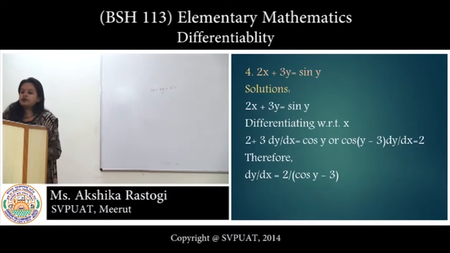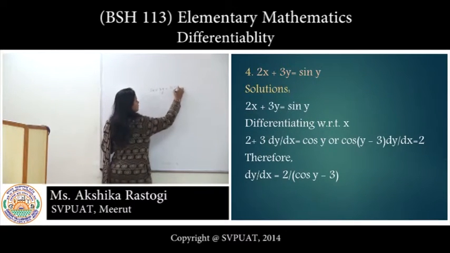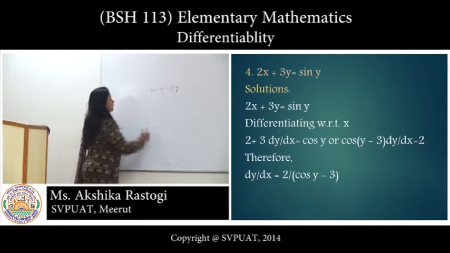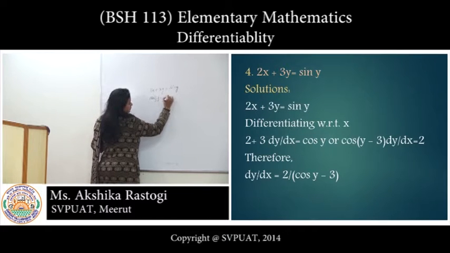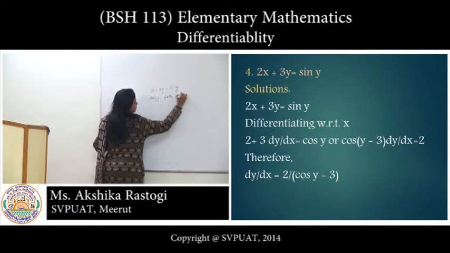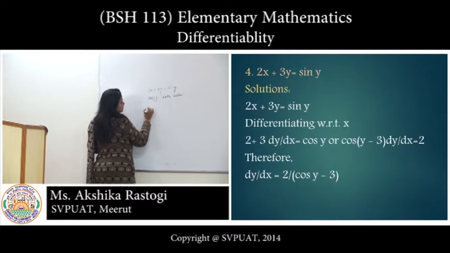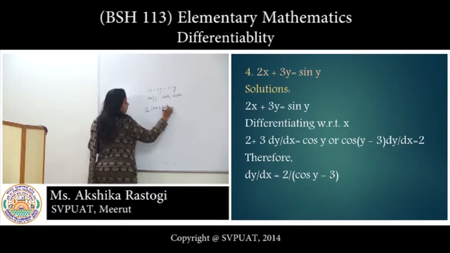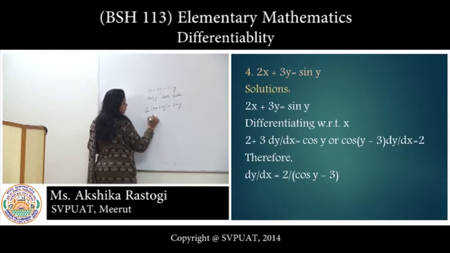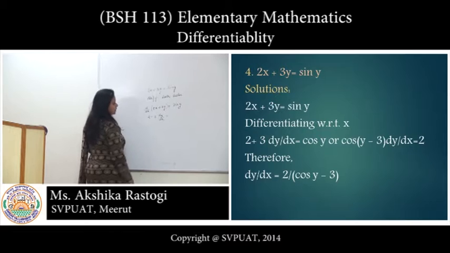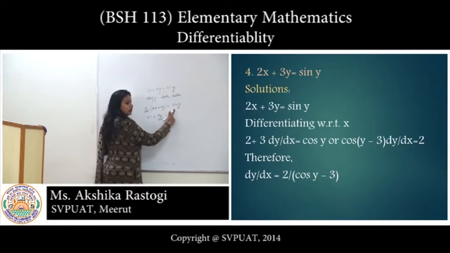Now instead of sin x, if we take sin y, differentiating both sides first, we have to mention this statement. d over dx of (2x plus 3y) equals sin y. Now we have 2 plus 3 dy by dx. But on the right-hand side, in our earlier example we had sin x, but here we have sin y.